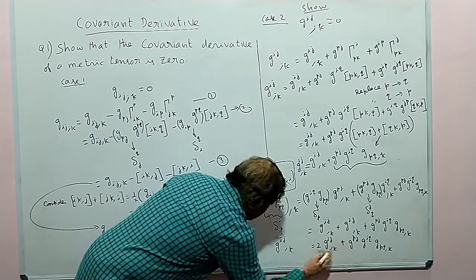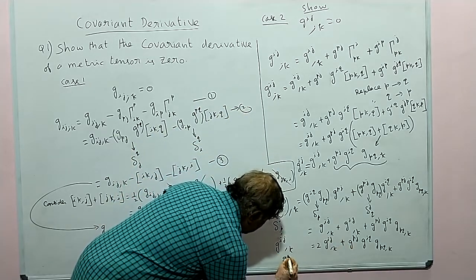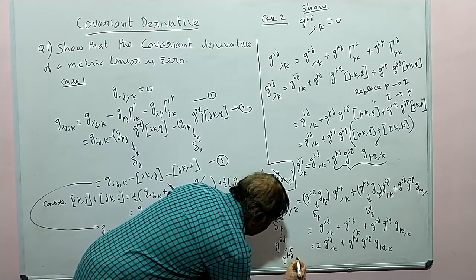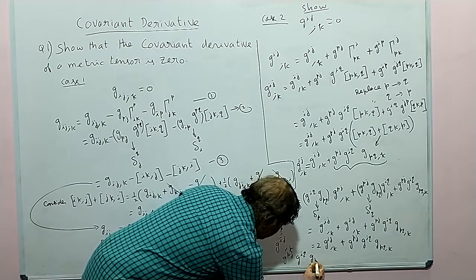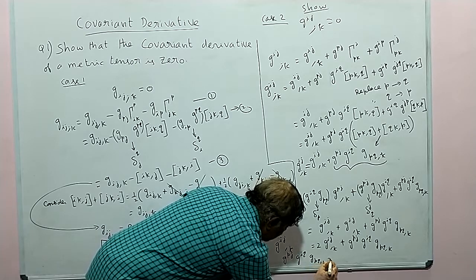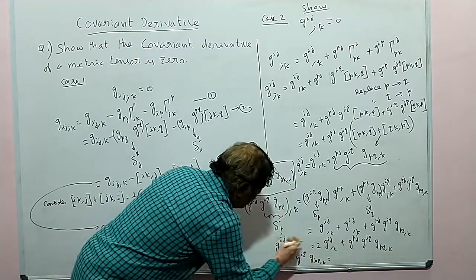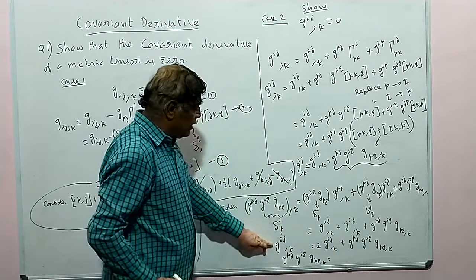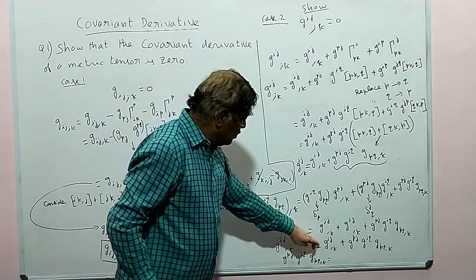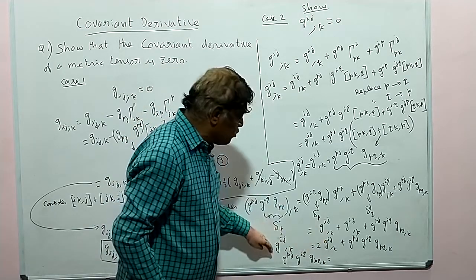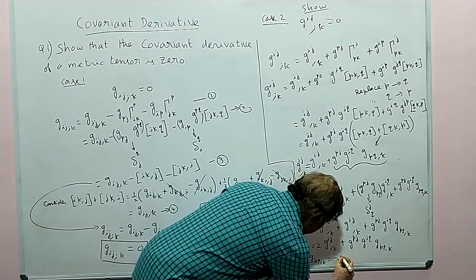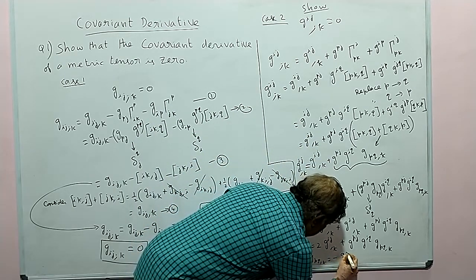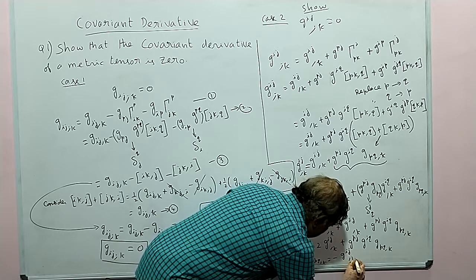Therefore, this term g PJ, g IQ, g PQ,k is equal to, you take this term to the other side. So already there is one term. So this is 2 times this value. So this becomes minus of this value. So if you find this one, this is minus g ij,k.